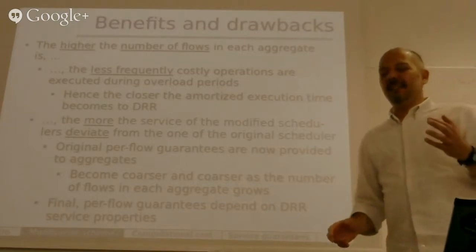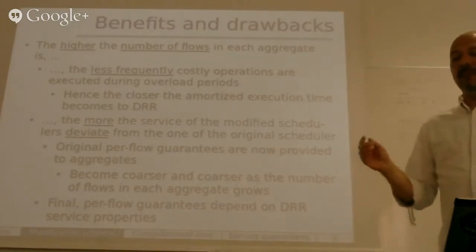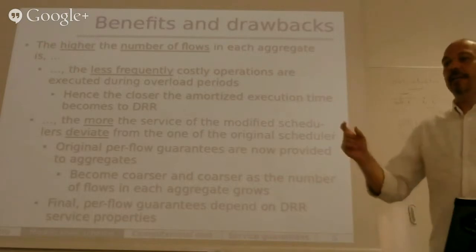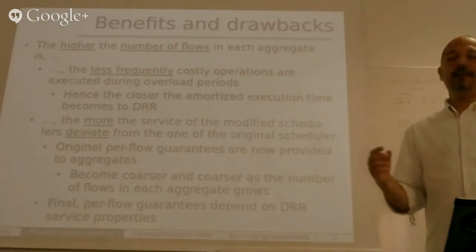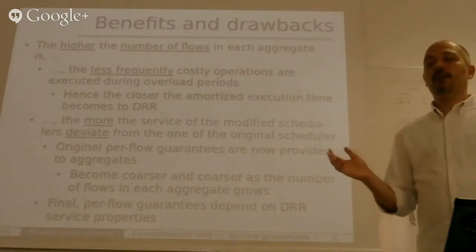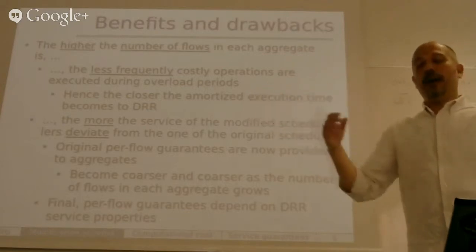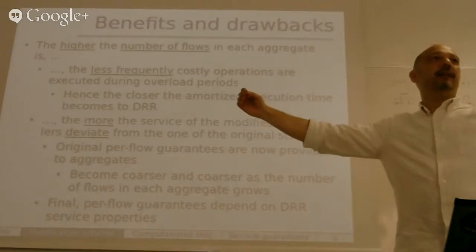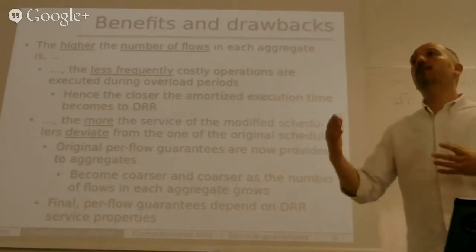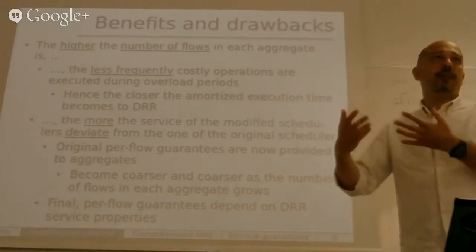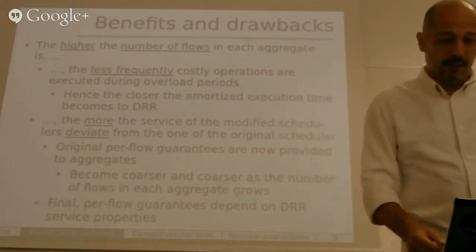Basically, the sum of the packets served for each aggregate is seen as a sort of super packet. So the longer I serve each aggregate, the longer this packet is. Since this service is non-preemptive, the coarser guarantees become.